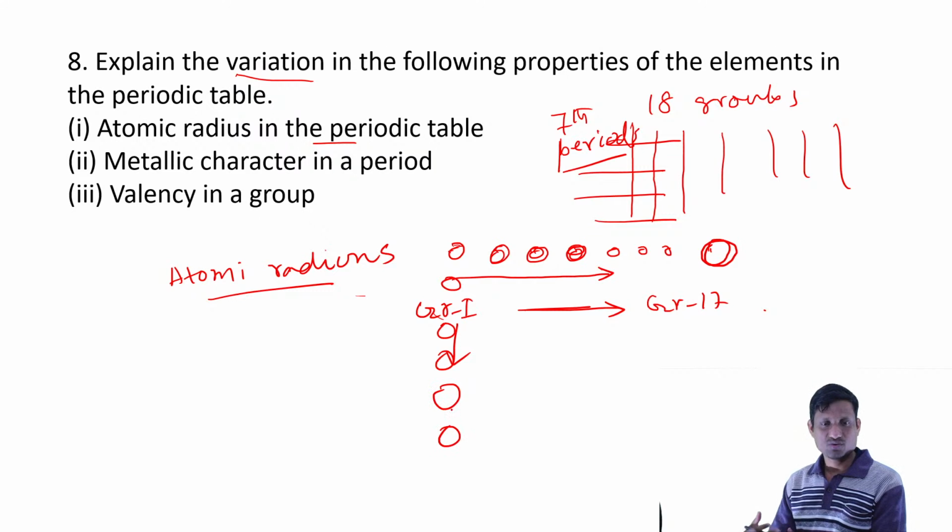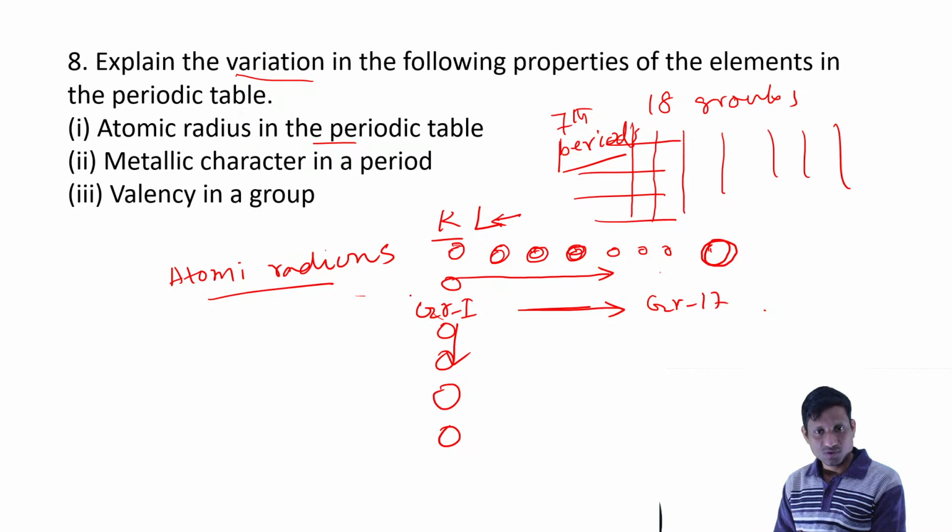This is because you are adding electrons in the outermost shell of a different shell. In a period, you are adding electrons in the same shell; if it is the second period, we will have the L shell, so the electron enters the same orbit. That is why the size constantly decreases.